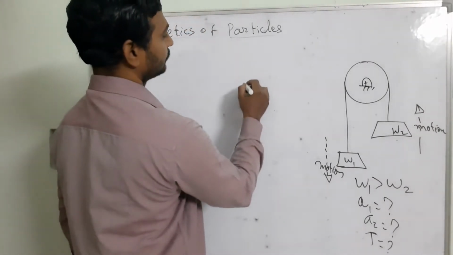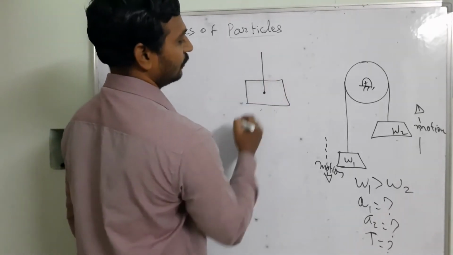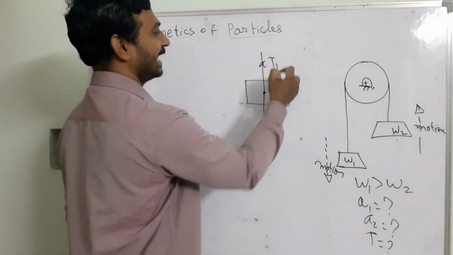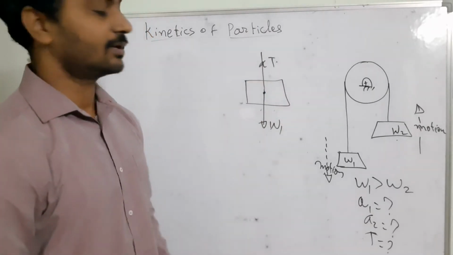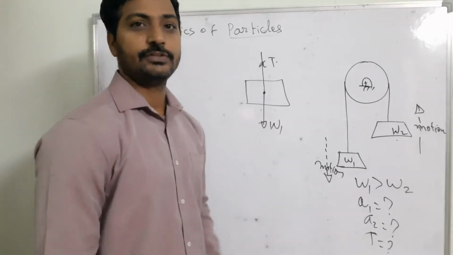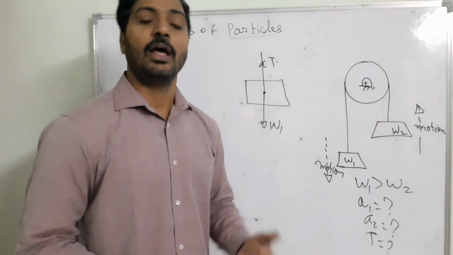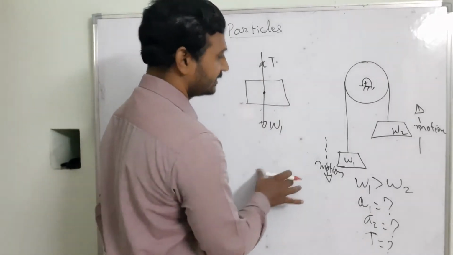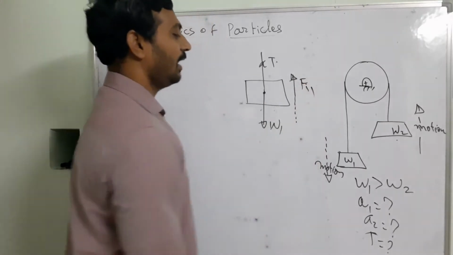The self weight is always acting in the downward direction. This is your W1. The tension is always acting in the upward direction, so T is going to be your tension. When the object is moving in the downward direction, there is an uninvited force that automatically gets into the picture. That's going to be the inertia force. When the body is moving in this direction, your inertia force Fi1 is going to act in this direction.